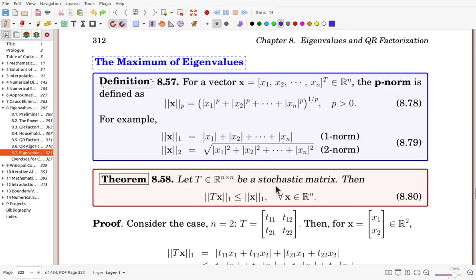If T is a stochastic matrix, then for the application of T to a vector, when the magnitude is measured by the 1-norm, it is not larger than the 1-norm of x. So it is a useful theorem.